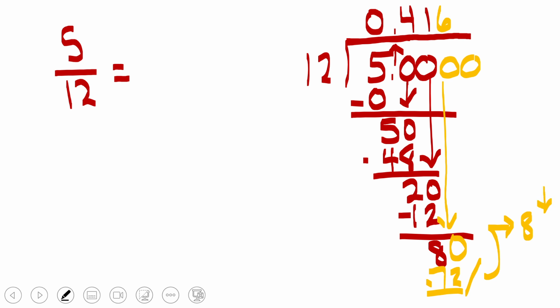And if we bring down another 0, then we see we again have 12 into 80, which goes 6 times. And that's 72. What's happening in the pattern? That 6 is repeating. We're going to use our repeating notation for just the 6. 5/12 is equal to 0.416 repeating.